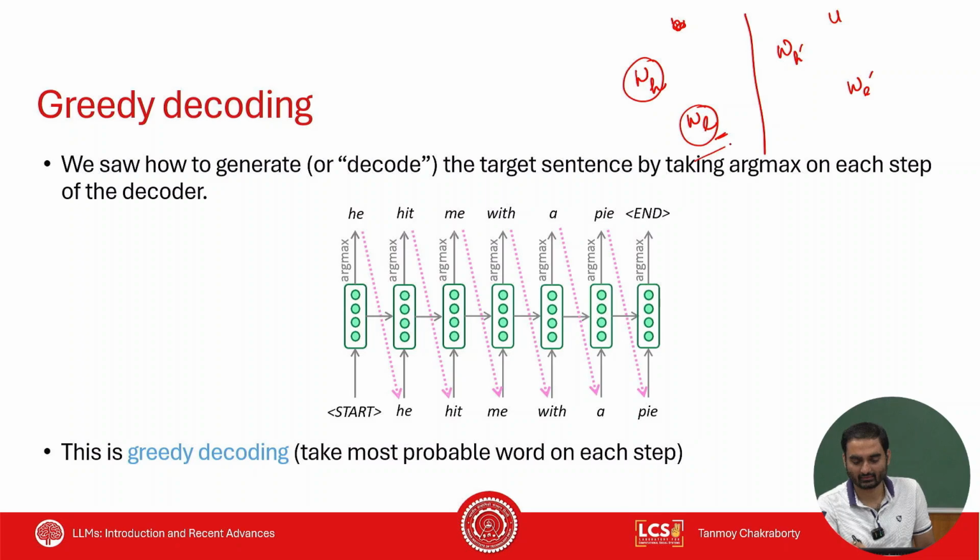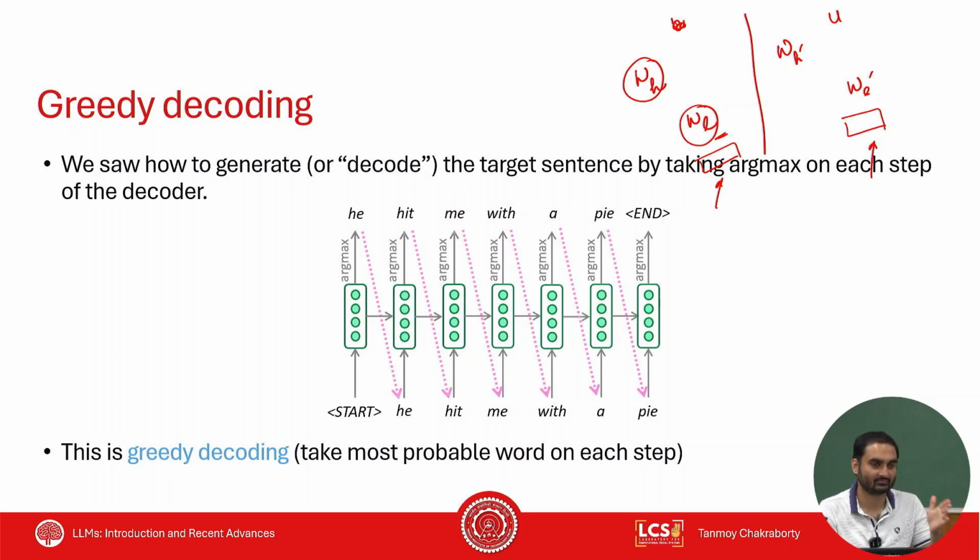Remember, the embeddings that you are using here are different, because the input is a French sentence and the output is an English sentence. Let's say if it is a summarization problem, then the embeddings will be the same, because the language is the same.